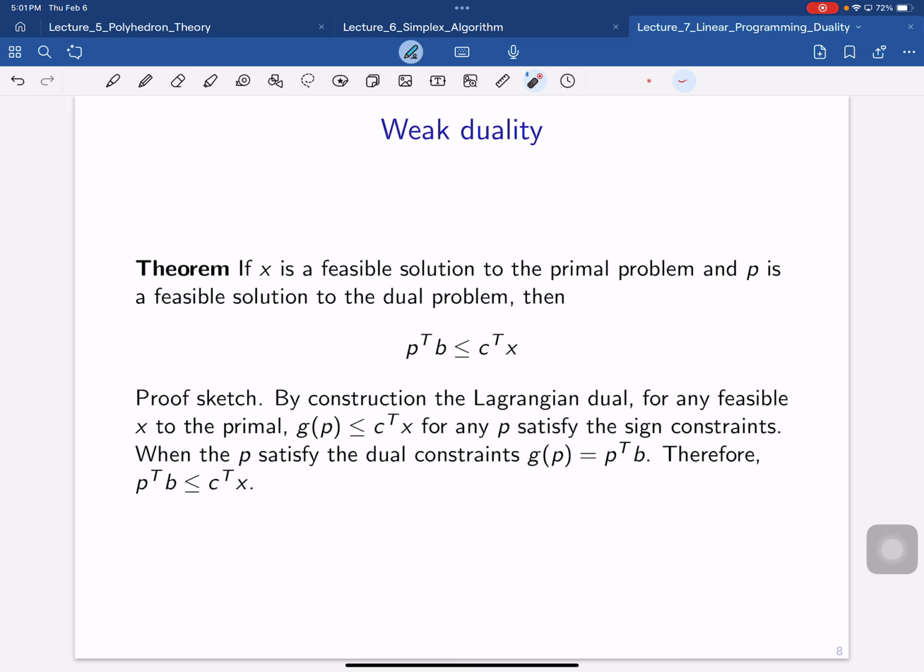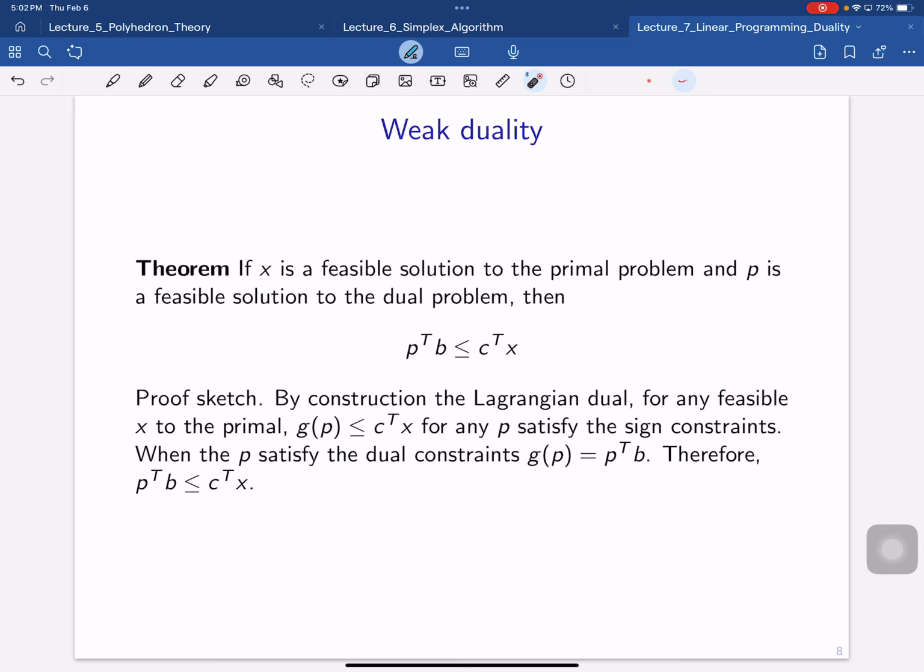So let's think about why this is true. First of all, remember when we construct the Lagrangian dual, we pick the signs of the p such that no matter what p you pick, this g(p) function is a lower bound of the original problem. Now, I give you one more condition, that this p is a feasible solution of the dual.